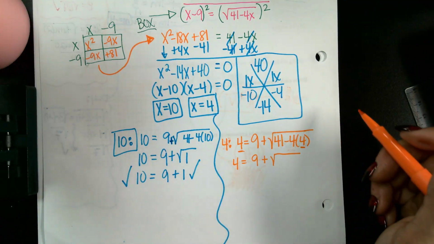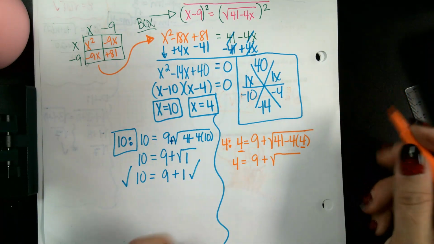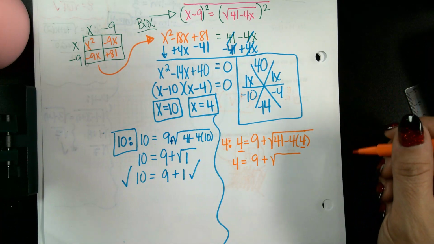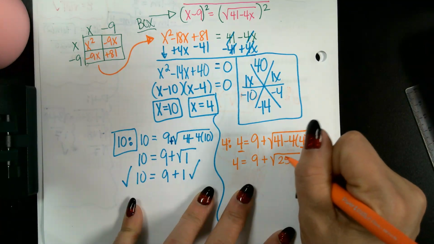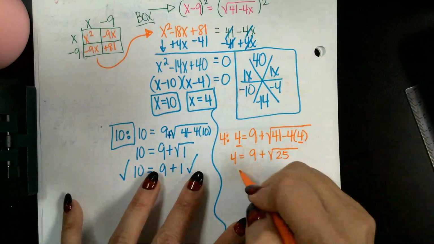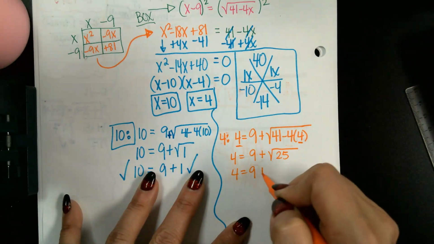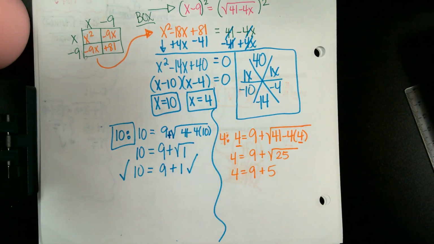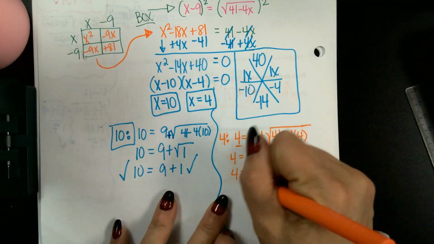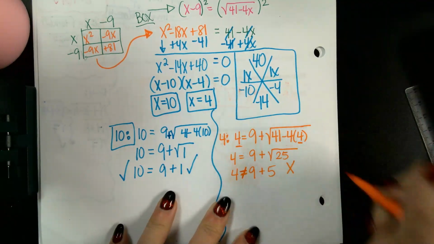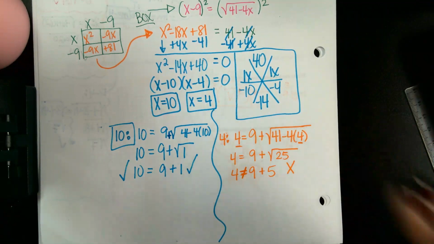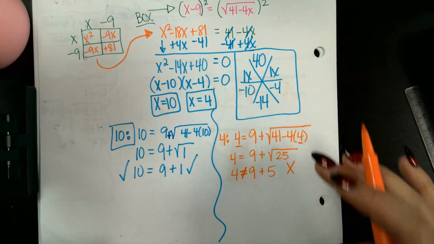And what's 41 minus 16? Okay. What is the square root of 25? 5. Okay, look at what that says. That says that 9 plus 5 is 4. True or false? False. That is a big nope. That is false. Which means the answer of 4 is extraneous, correct?